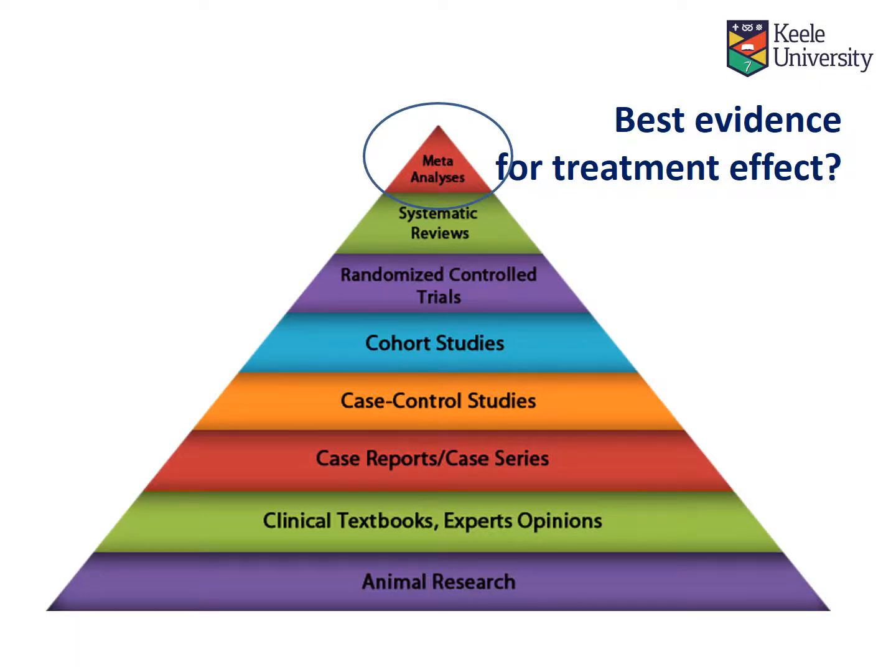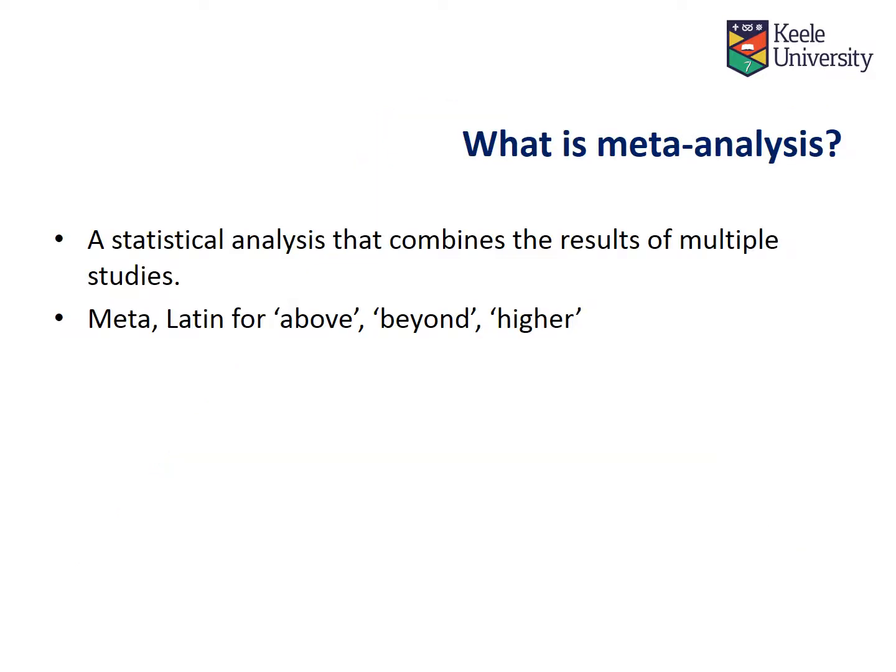Now, we talked at the very beginning in part 2 of this session that the best evidence for treatment effect, really the top of the hierarchy, the top of the pyramid, is meta-analysis. What is meta-analysis? It's simply an analysis which combines the results of multiple studies.